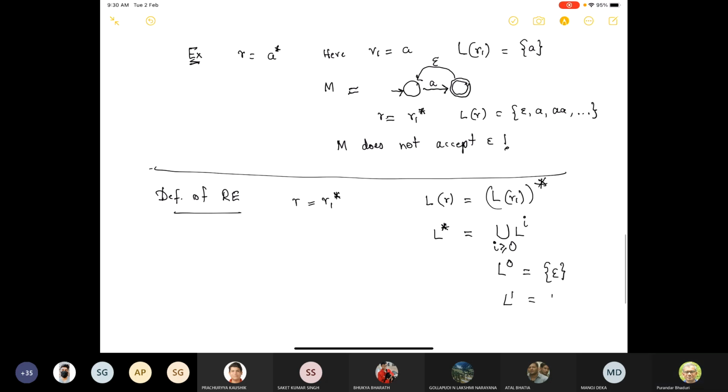L1 is L, and L2 is L concatenated with L, and so on, right? So epsilon is included. All that is by definition of the Kleene star. So does it answer your question? Yes, sir. Thank you.